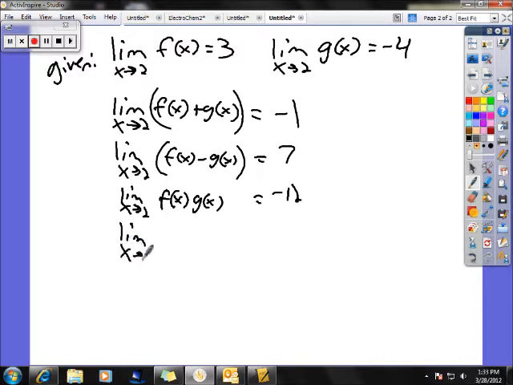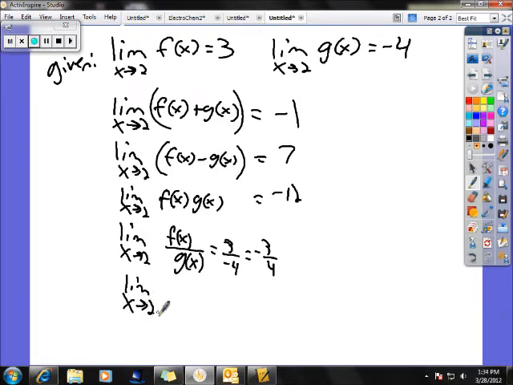Limit as x approaches 2 of f of x over g of x, that would just be 3 over -4, or -3/4. Okay. I did divide. I said multiply by a constant. Let me do that one. Limit as x approaches 2 of 5 f of x. That's just going to be 15. Okay.